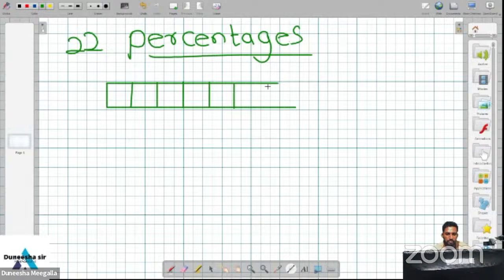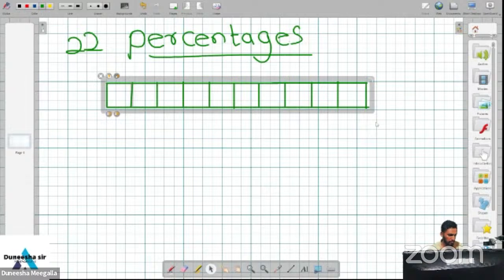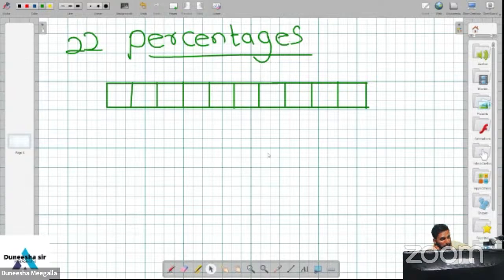How many squares are in this row? 5 and 5.